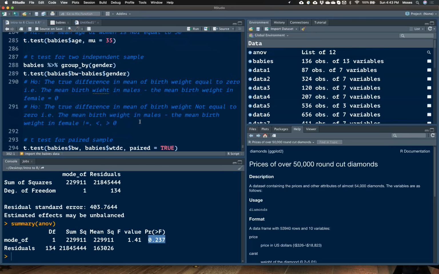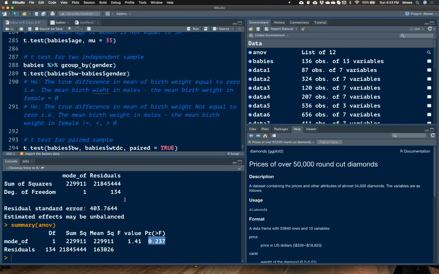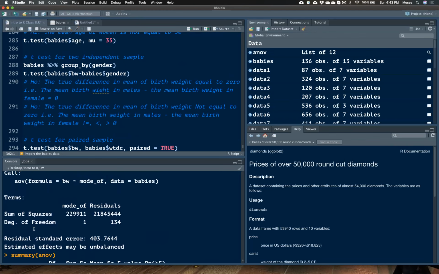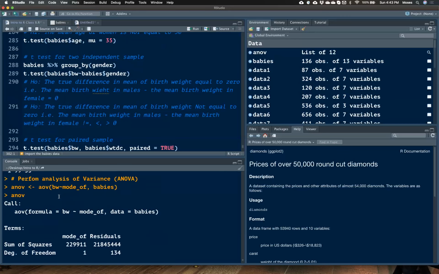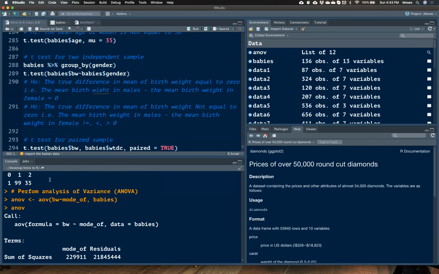So the null hypothesis in this context is that the mean birth weight for those that were delivered using normal delivery, and those that were delivered using, for example, Caesarean section, or all these other types of delivery that are here, so their mean is not that much different.